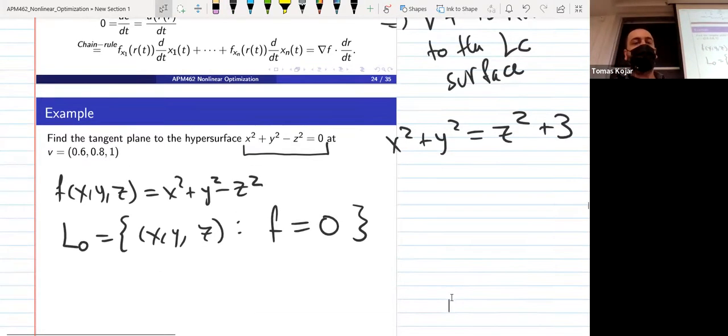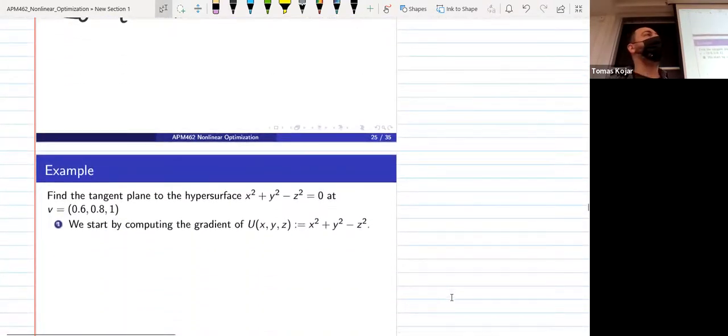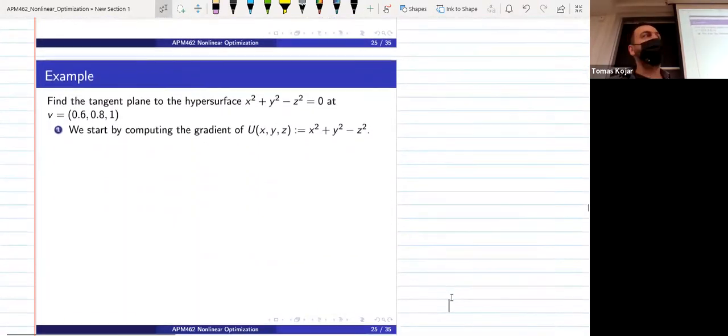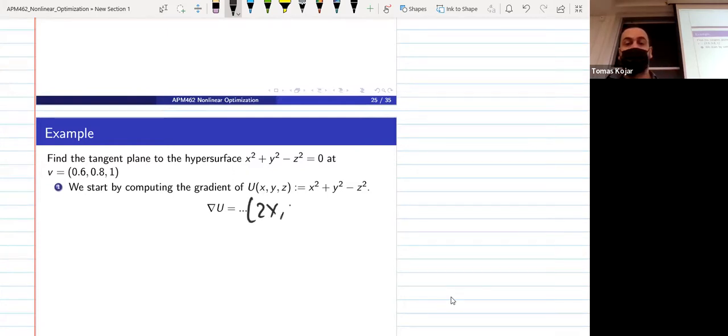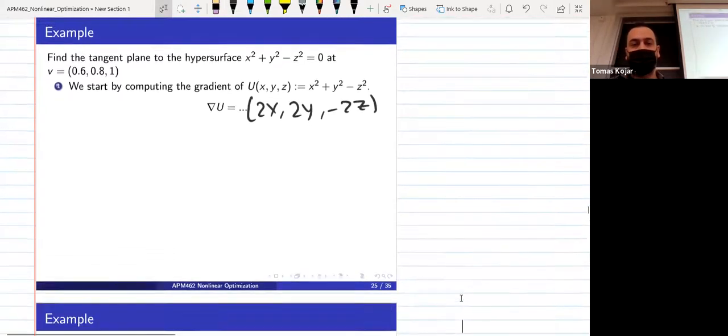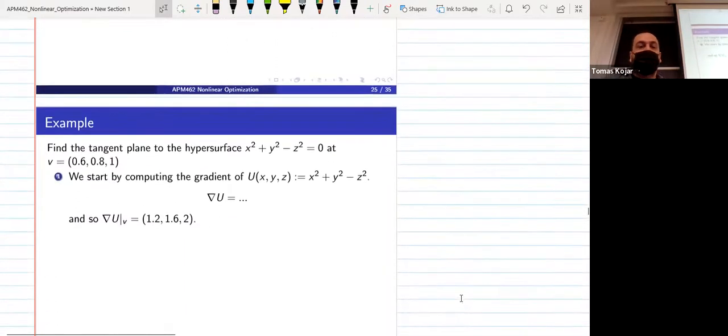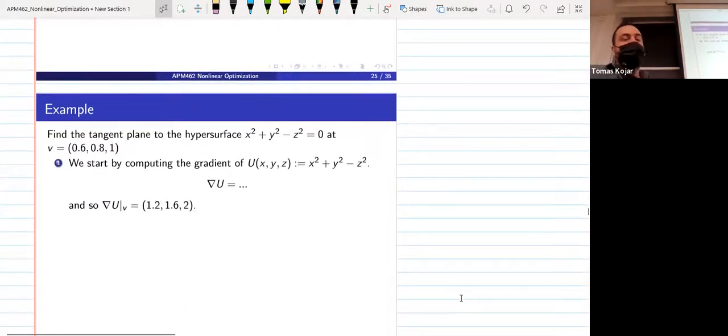So now that you have F, compute the gradient. What's the gradient of this? If you plug in this vector, how do we do it?